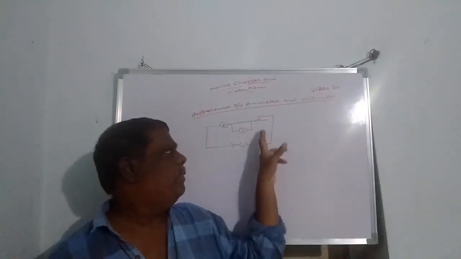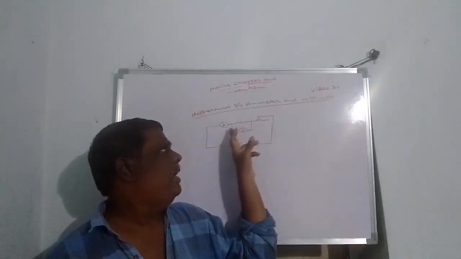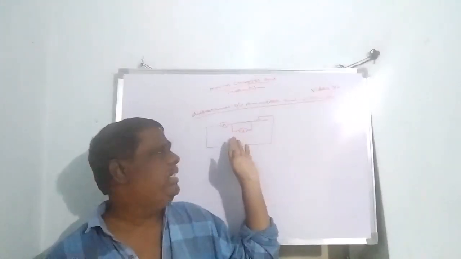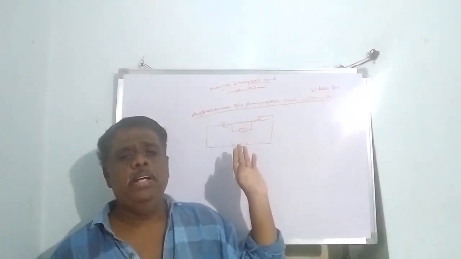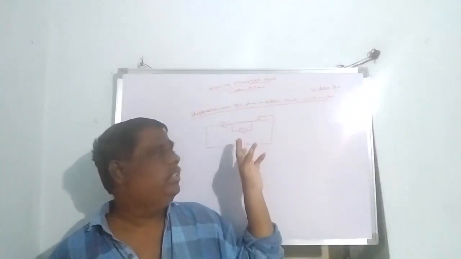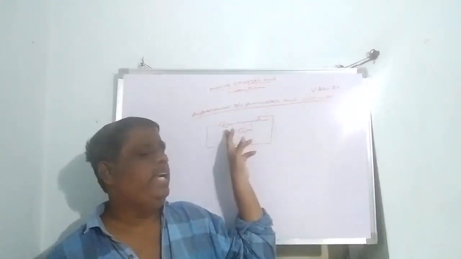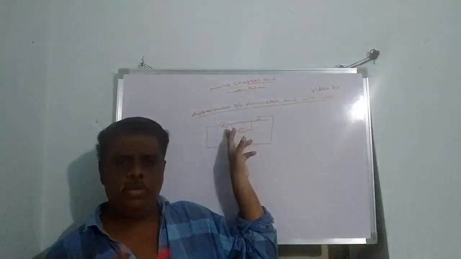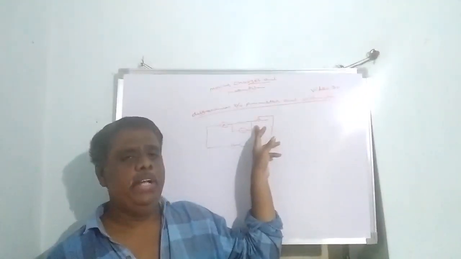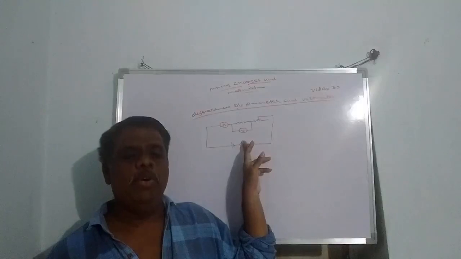Suppose you adjust the rheostat so that the ammeter current increases to 1 amp. The same circuit we can use to prove Ohm's law also. So adjust the rheostat until the ammeter reads 1 amp, and note down the corresponding voltmeter reading.